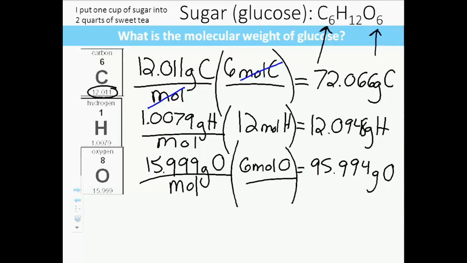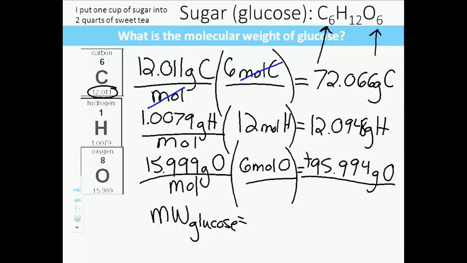So now we need to add up all our individual components, because we have 6 moles of carbon plus 12 moles of hydrogen plus 6 moles of oxygen to give us the total molecular weight of glucose. So our molecular weight of glucose is equal to the sum of all of these individual components.